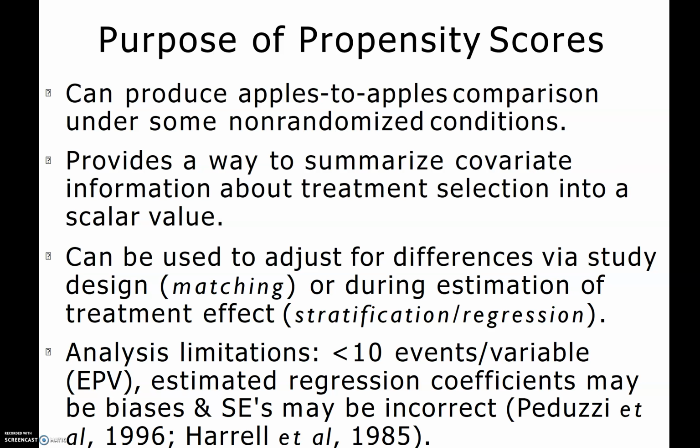So you can replicate an experimental design via the process of matching, or you can just adjust in the estimation phase, which is the stratification. And there's a new article I recently came across when I was trying to decide between matching and stratification. They gave some really good guidelines, because there are some cases where you really should stratify and some cases where you should match. I can add that as a reference at the end.